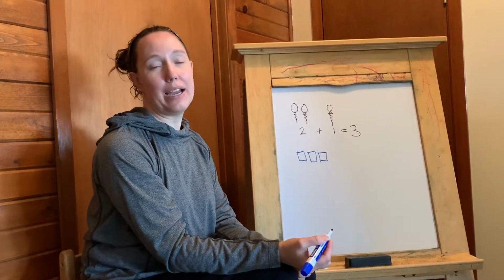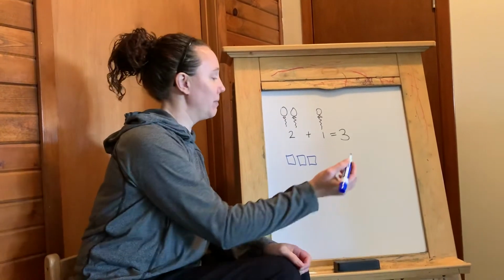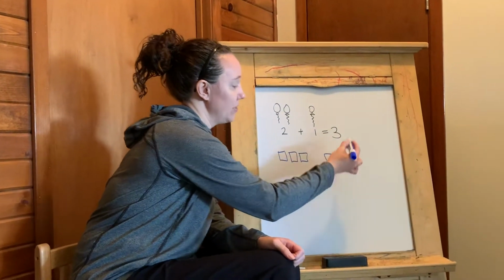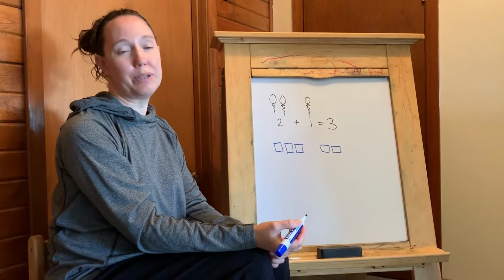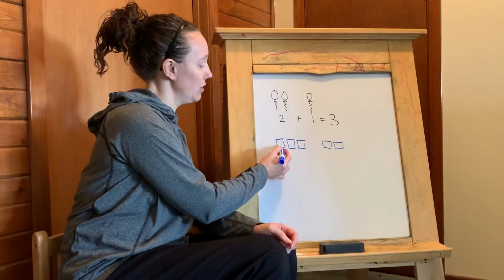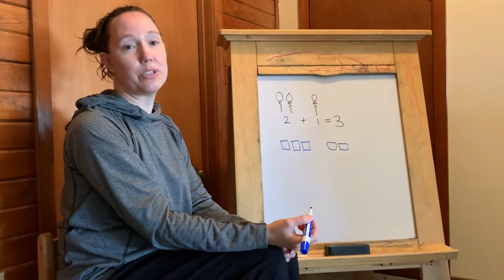And then he also has 2 green squares. So I choose my green marker or crayon and I would draw 2 green squares. Now that we've drawn the picture, we can see how many he has all together. We can count our pictures, 1, 2, 3, 4, 5, and know the answer is 5.